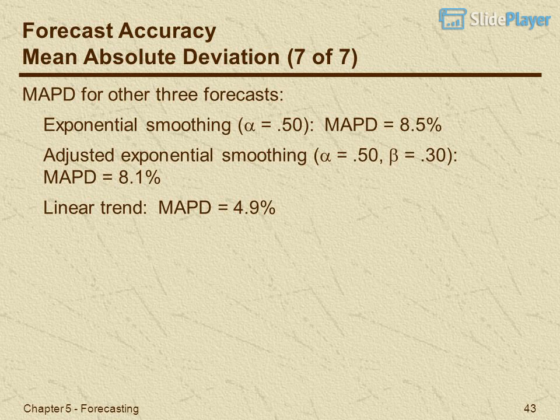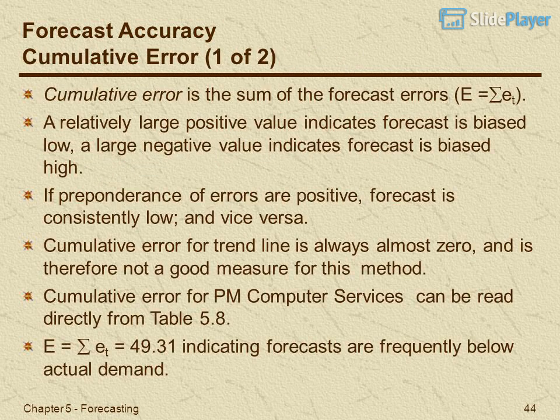Chapter 5, Forecasting. Forecast accuracy, cumulative error, 1 of 2. Cumulative error is the sum of the forecast errors, E equals the sum of e. A relatively large positive value indicates the forecast is biased low, and a large negative value indicates the forecast is biased high.